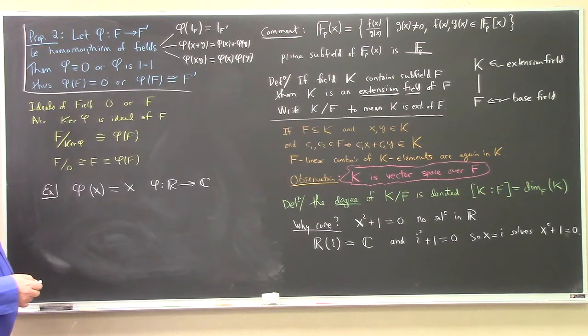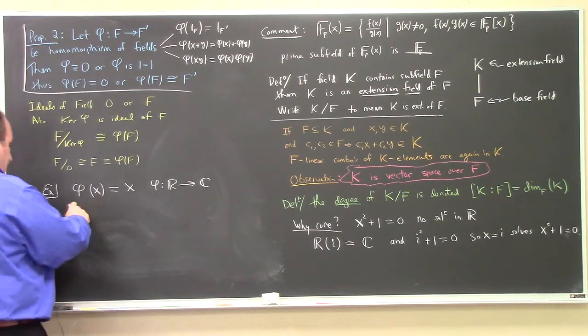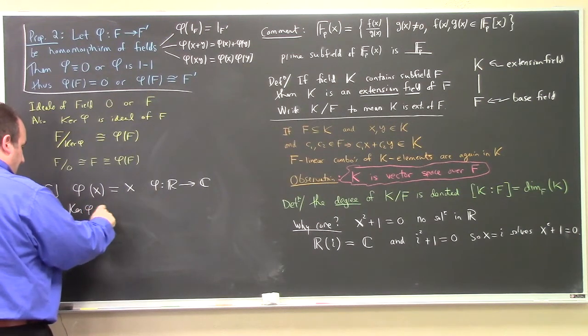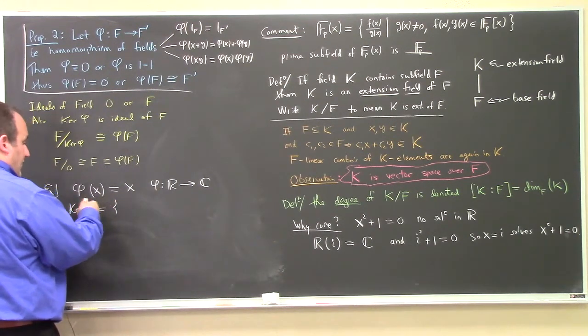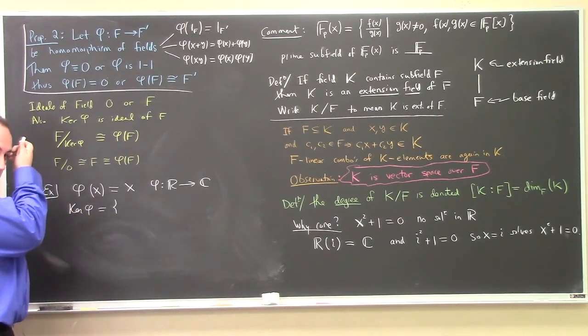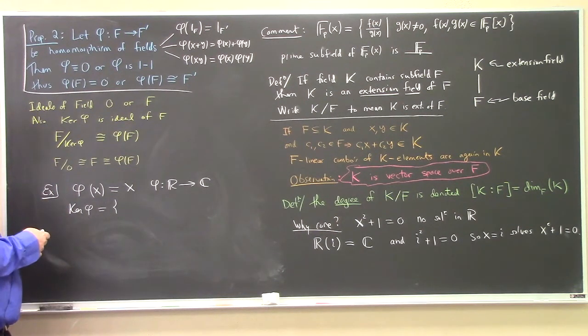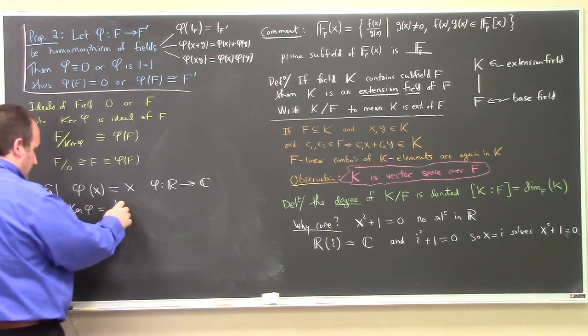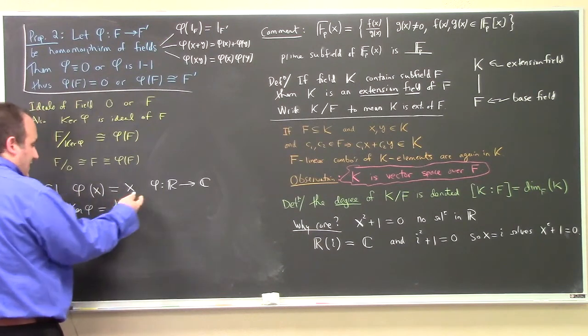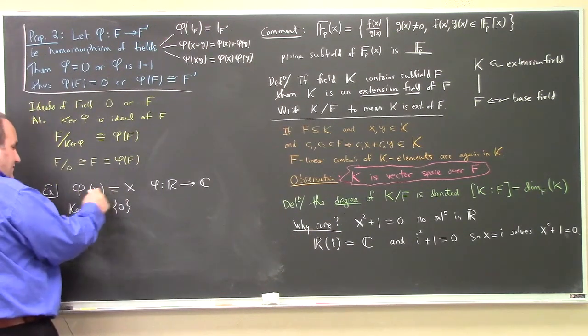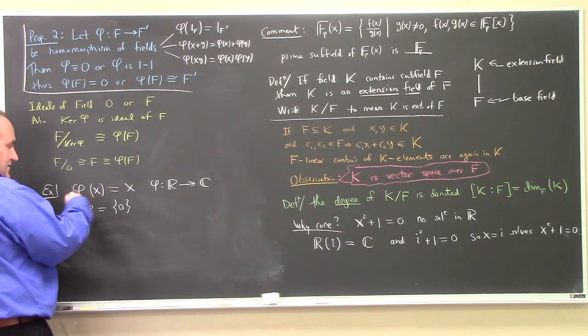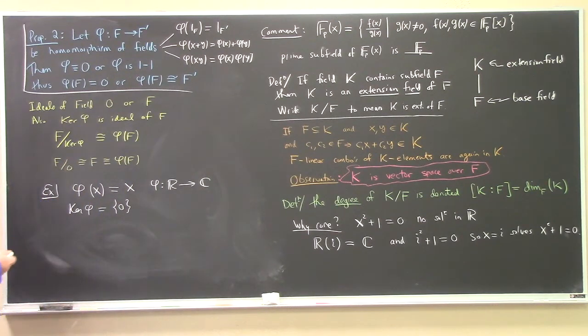Okay. So kernel of phi is, what maps to 0? The kernel is anything that maps to 0, right? But if x maps to x, the only way that you get 0 is when you put in 0, right? I mean, the kernel's 0.